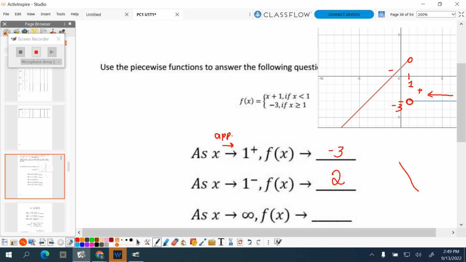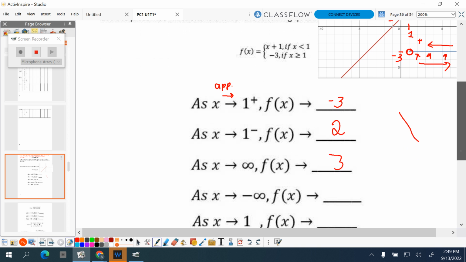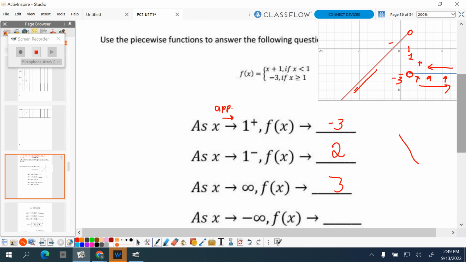Now, it says as x approaches infinity, where is it going? It's going to 3. It never goes past 3. As it keeps going to the right, it never goes past 3. Now, as it goes to negative infinity, it's going down as well, so it's going to negative infinity.